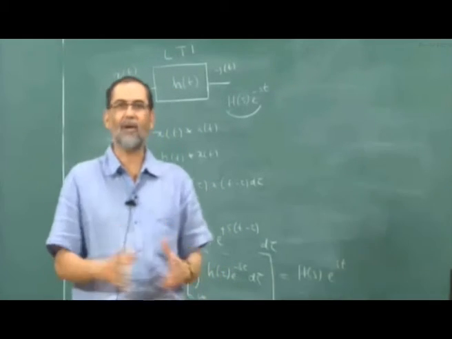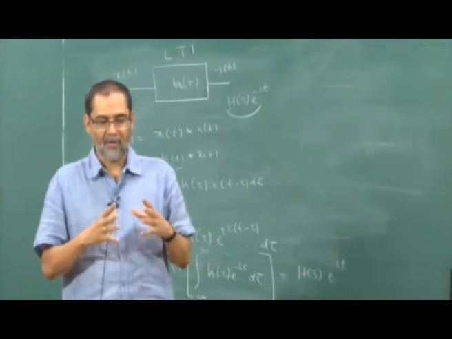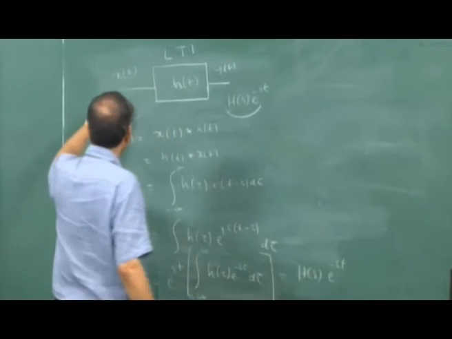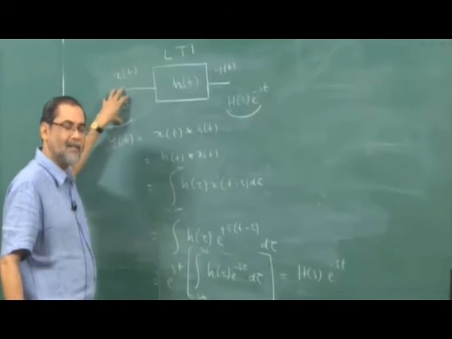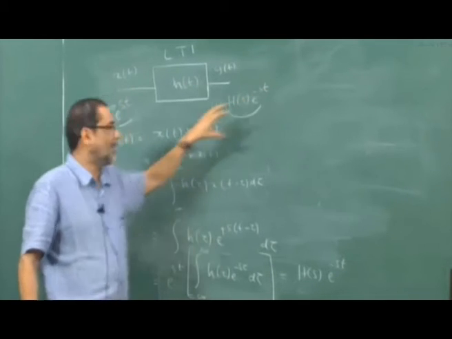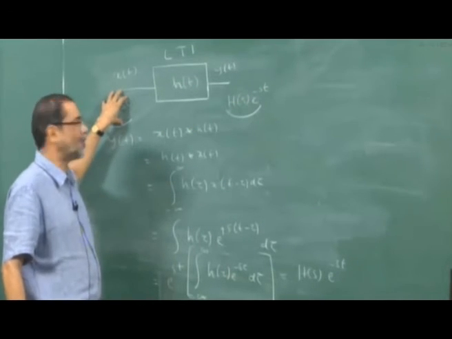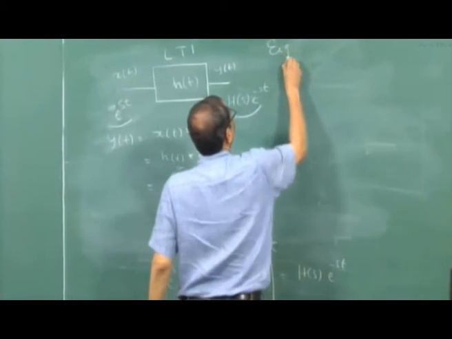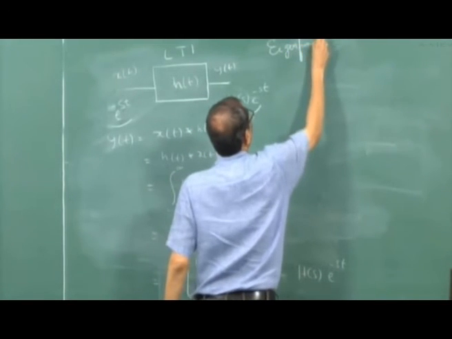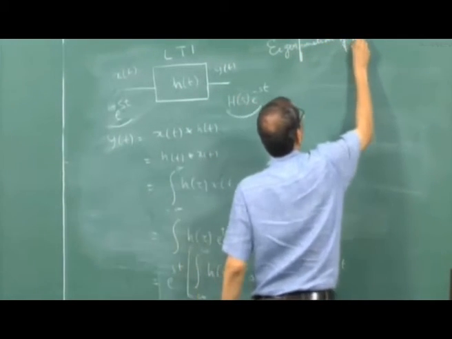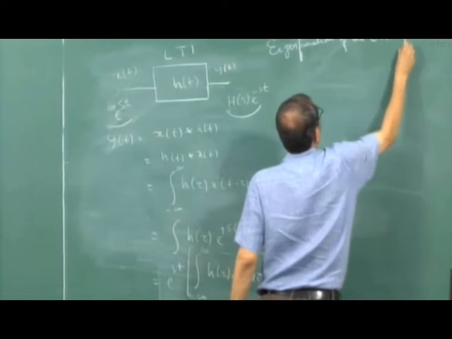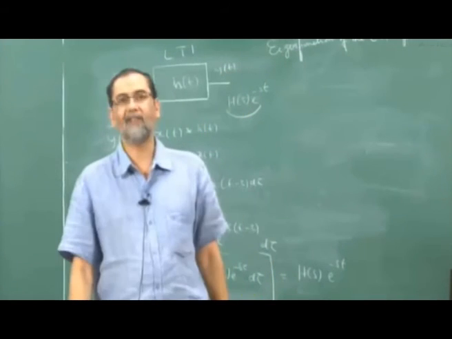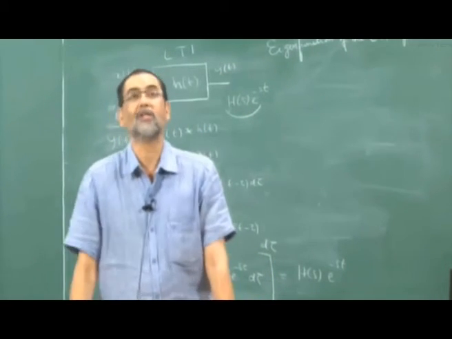So this very useful property of LTI systems, where I apply e raised to minus st at the input and get the same output, is why e raised to minus st is called the eigen function of the LTI system. It is similar to the eigenvalues and eigenvectors that you study in your linear algebra course.